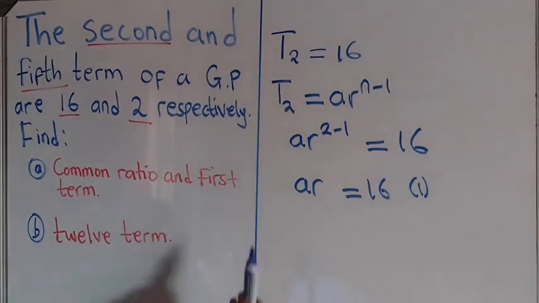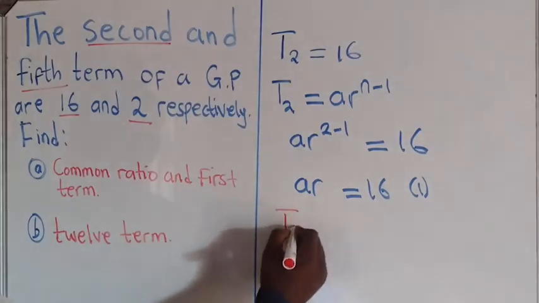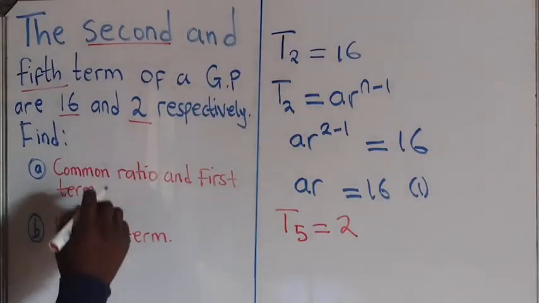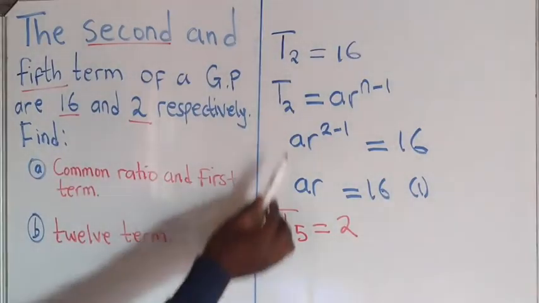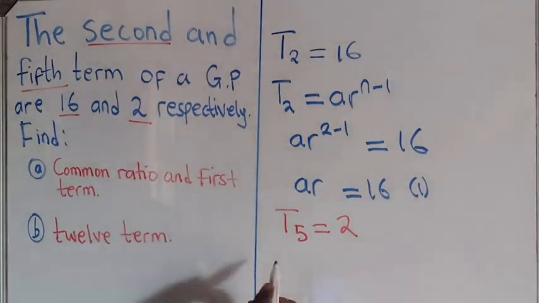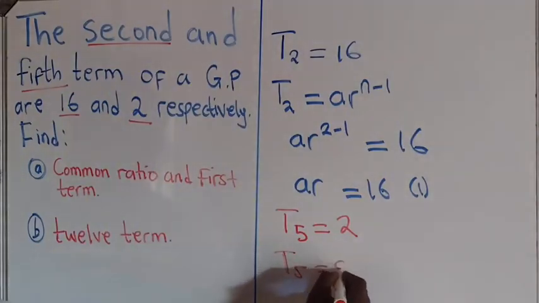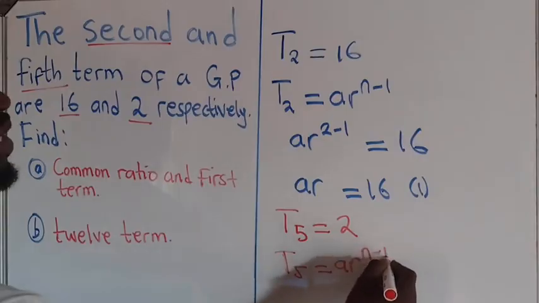After doing this, we can now work with the fifth term. In this case, we are told that the fifth term should be equal to 2. So this is our fifth term. We apply the same principle, where we say the fifth term is equal to ar^(n-1).